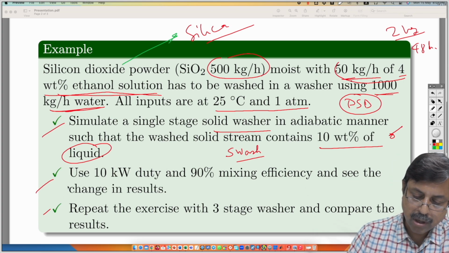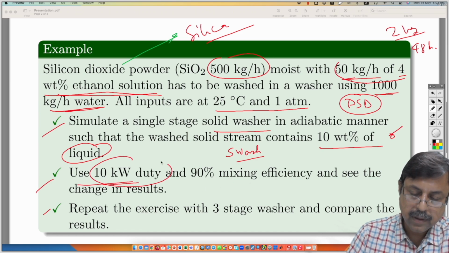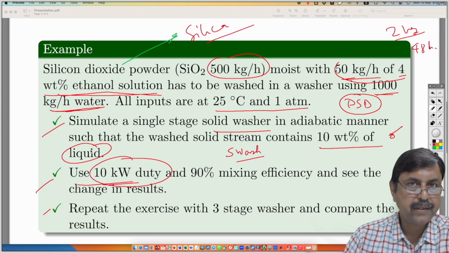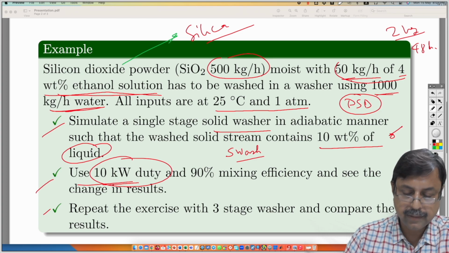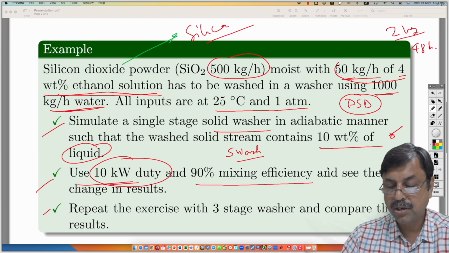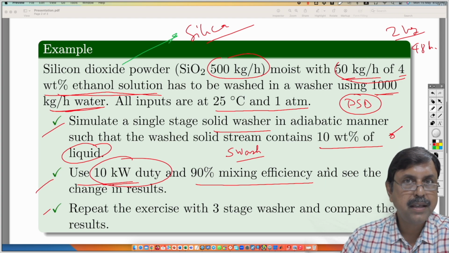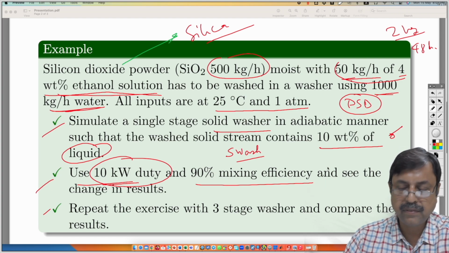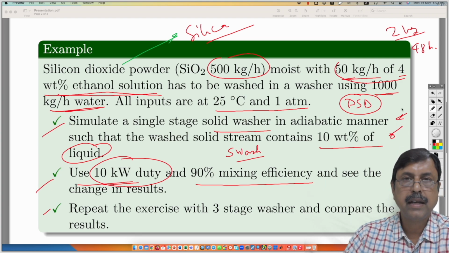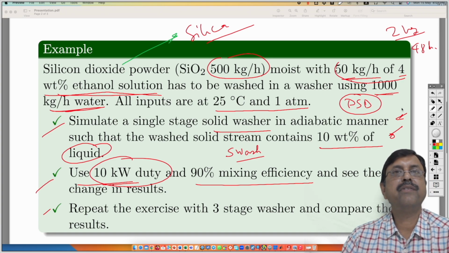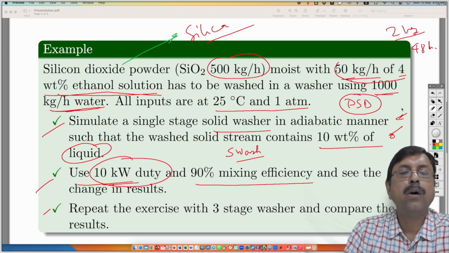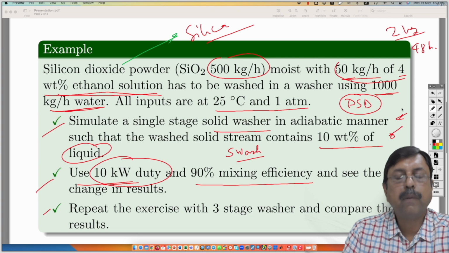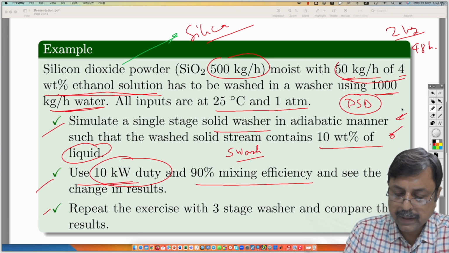And in the second problem they are asking you to provide the heat duty. So this is the outlet flash condition that has to be mentioned over here, that's what they say, and 90% of mixing efficiency. So here it is not 100% efficiency. In the first problem nothing has been talked about mixing efficiency, so we can always consider it to be 1 or 100%.